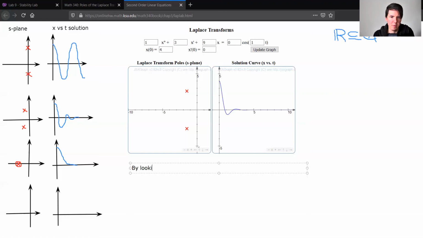By looking at the poles, can we determine the following? One such thing would be, can we determine damping type? So there's one thing. Another thing might be how fast the solution goes to 0 as t goes to infinity.